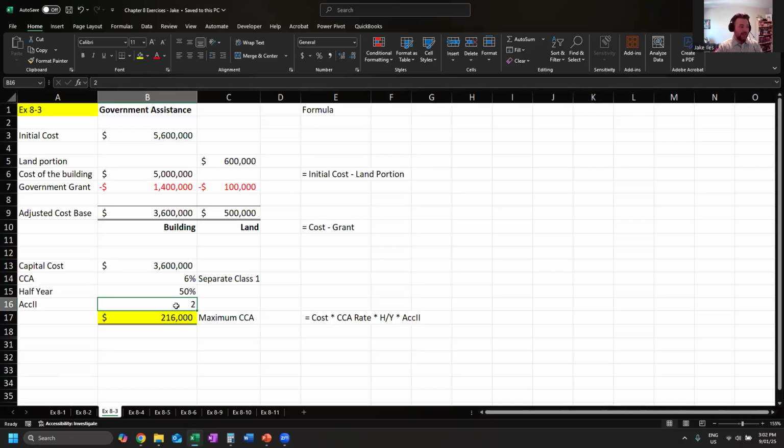So that puts us back to 216,000. So our $3.6 million at 6%, our maximum CCA we can take is 216,000. That is because our cost base of 5 million was adjusted by our government grant. So our building only cost us 3.6, not 5. So that's the important factor there.